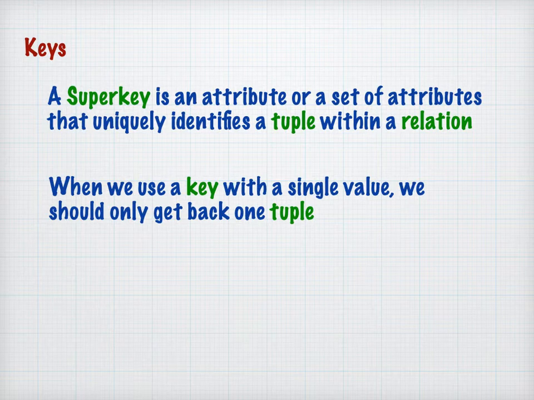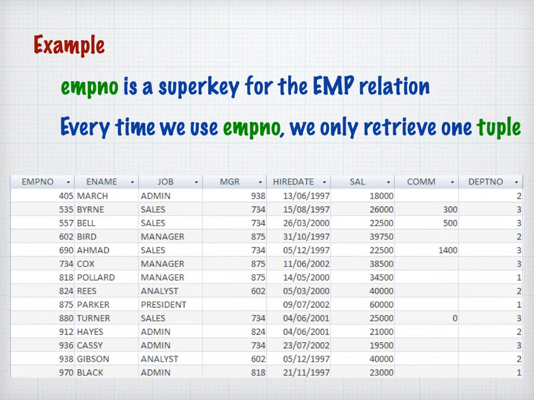So if we actually look at the emp table again, then if we scan across the columns, if we were to provide an emp number, so for example 602 or 405, that will return a single row and only ever return a single row. And that's that property of uniqueness.